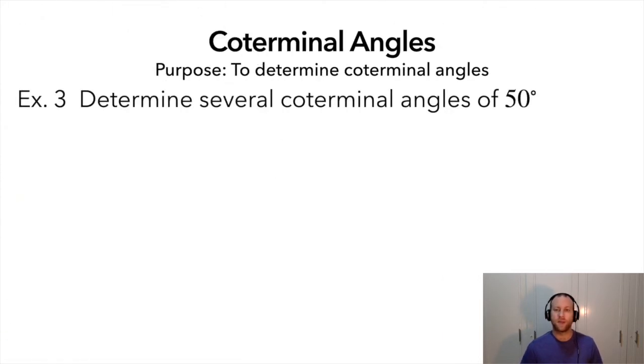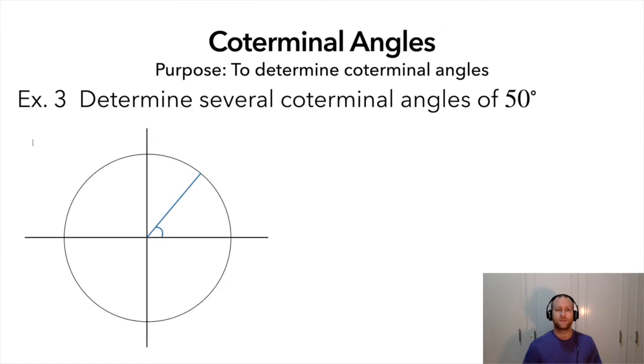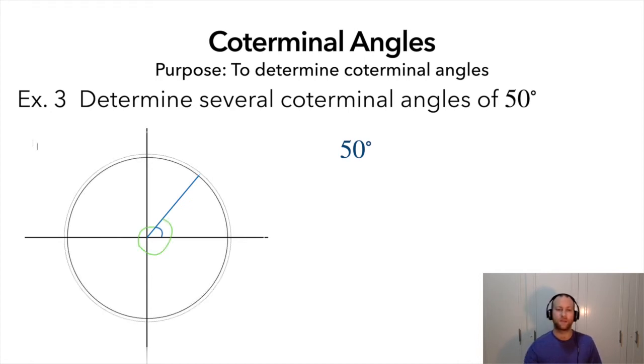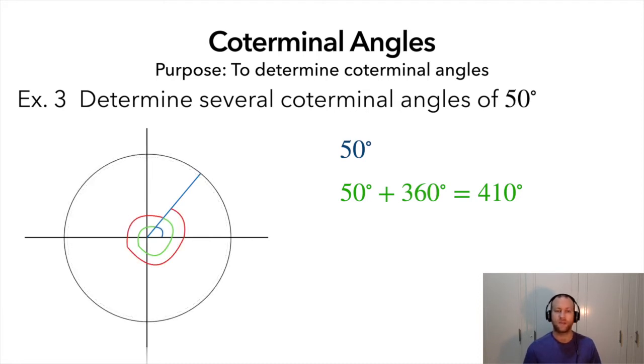Determine several coterminal angles of 50 degrees. So here is 50 degrees. Now in order to get to the next coterminal angle, I need to rotate another 360 degrees, as indicated there in the green line. And this gives us, since we did a full rotation, 410 degrees. I can do that again, rotate another 360 degrees, and I get a new angle.